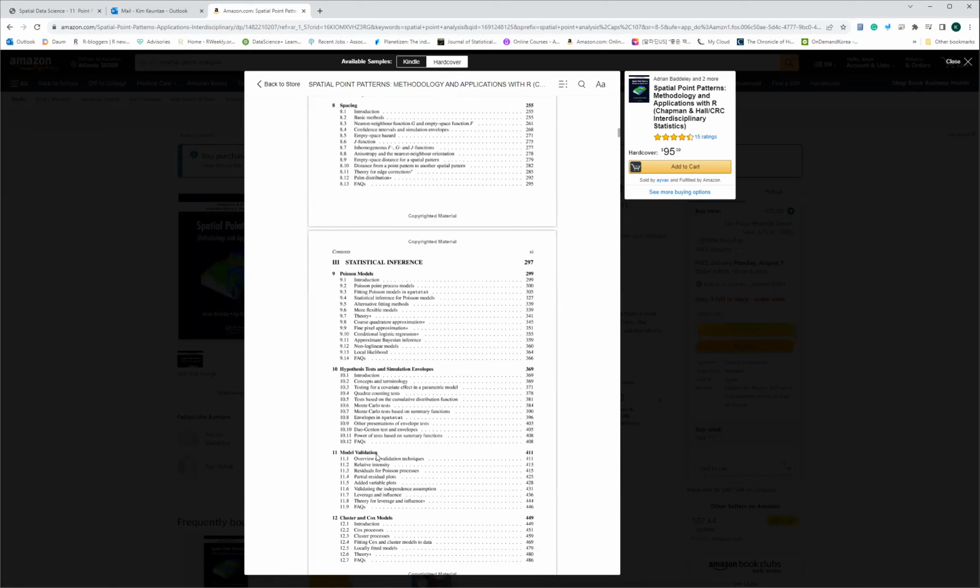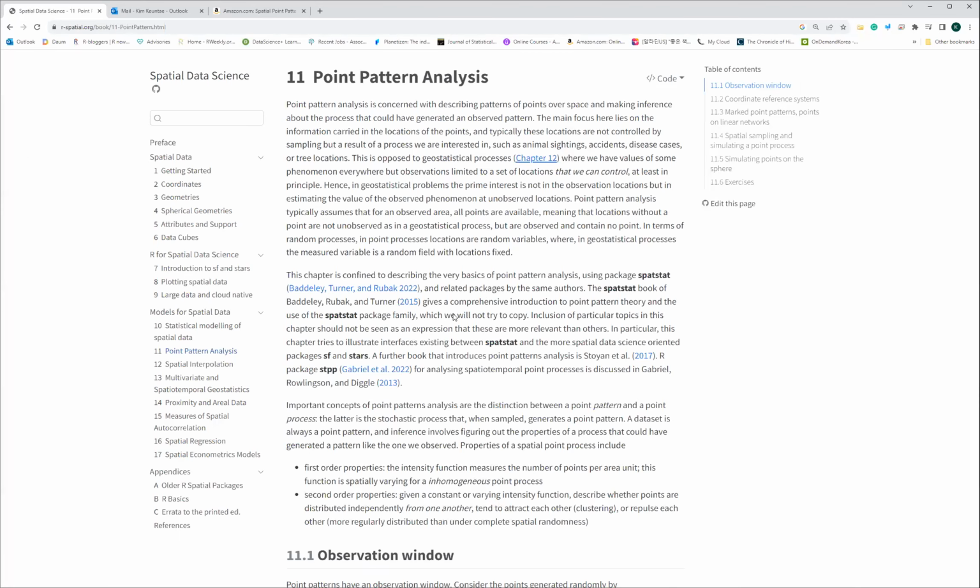The model validation part is definitely missing in our chapter, like how we can calculate the L functions or G functions for the validation of our spatial point pattern model. Here, they try to summarize very briefly what a spatial point pattern is.